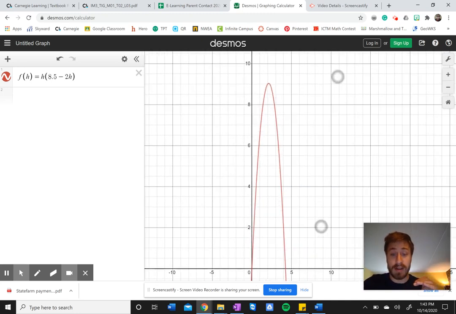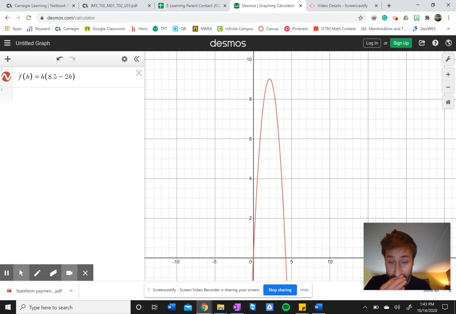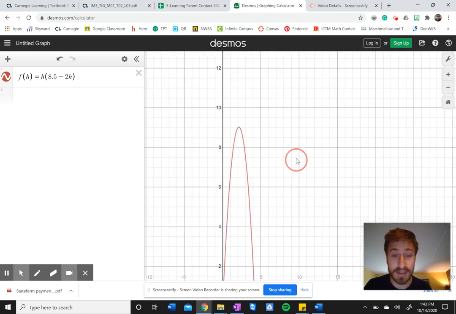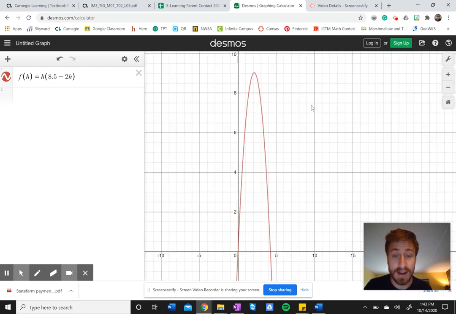So looking at this graph, understand that we're taking a bunch of different situations and trying to see which one creates the biggest area. Remember, they would plug in 1, 2, 3, 4, figure out 8.5 times 2 times that number, and then multiply together to compute the area.